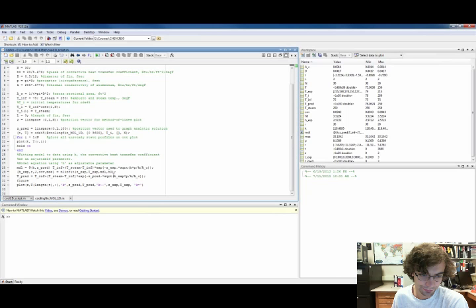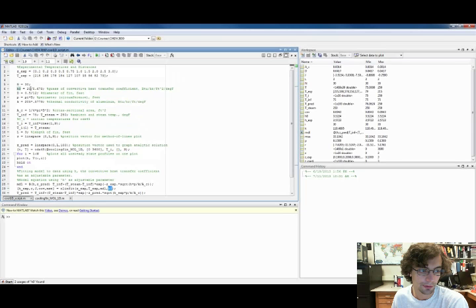So you write that out, and then all you do is you do it at your data points, which is your z and your temperature.